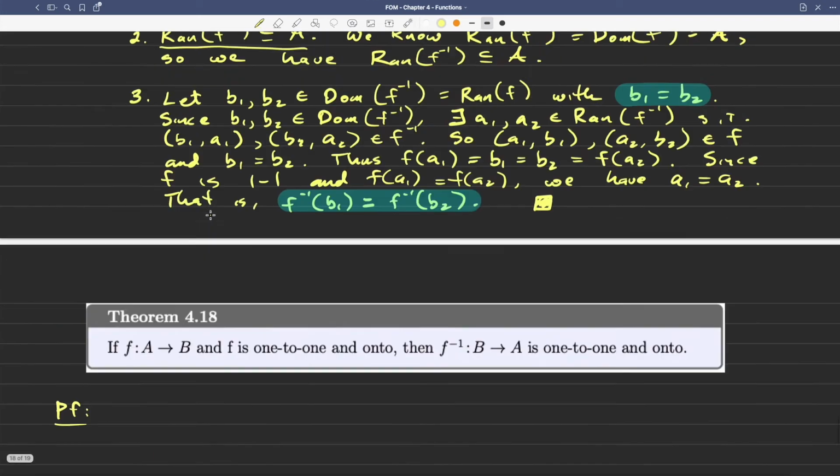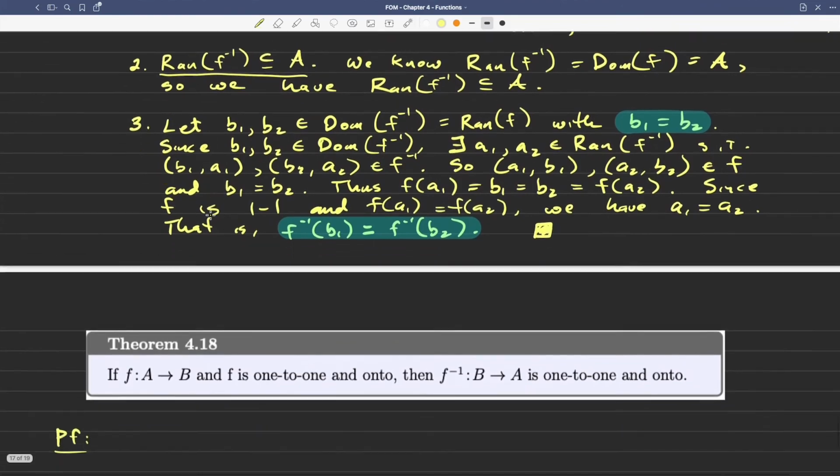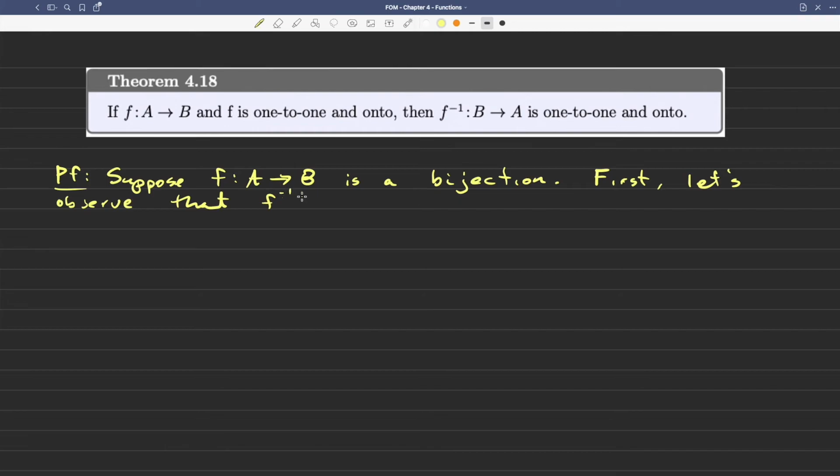Now we can make use of our previous theorem 4.17 here. That's going to be a big aid to us to make this next proof a bit shorter. So let's suppose f going from A to B is 1 to 1 and onto. I could just say it is a bijection if I wanted to, because bijection just means 1 to 1 and onto. First, let's observe that f inverse is indeed a function from B to A, i.e. the domain of f inverse equals B, the range of f inverse is contained in A, and f inverse has the function property.